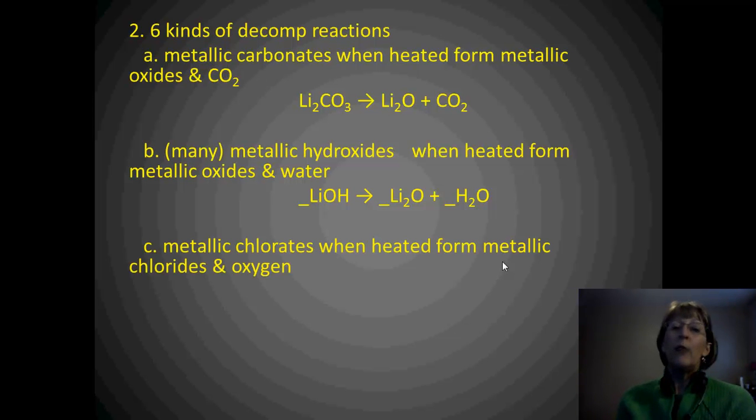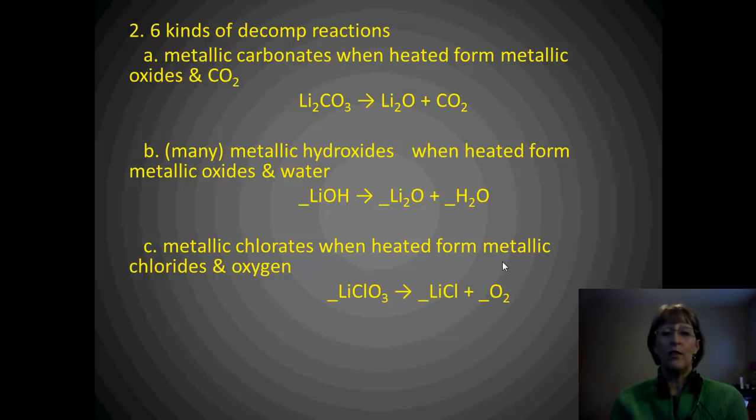If we have a metal chlorate, ClO3, when heated, it forms a metal chloride and oxygen. So, we're going to give off oxygen gas. It's a way to produce oxygen. Here we have a metal chlorate, lithium chlorate, and we heat it, and again, we just pop out the oxygen with it.